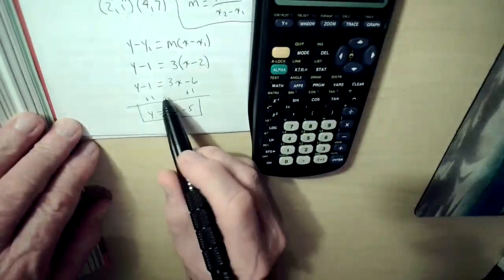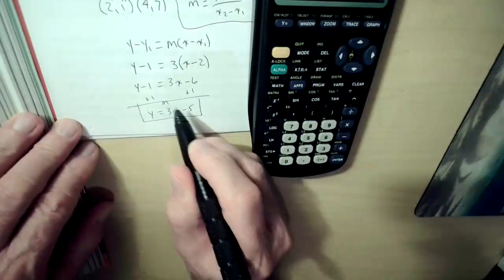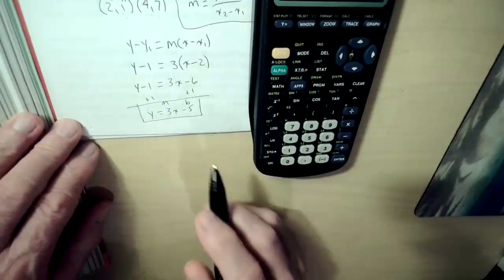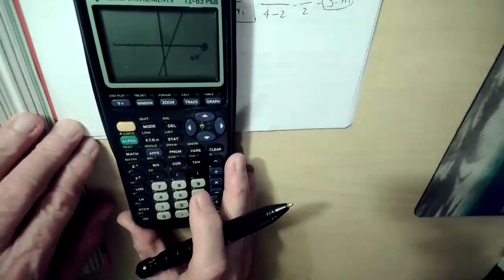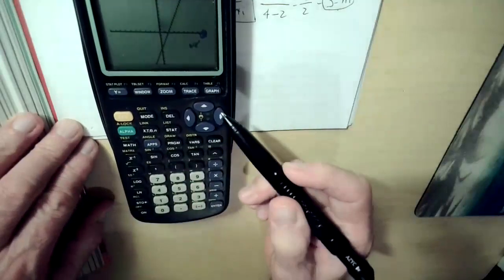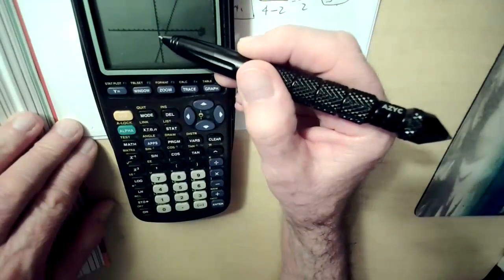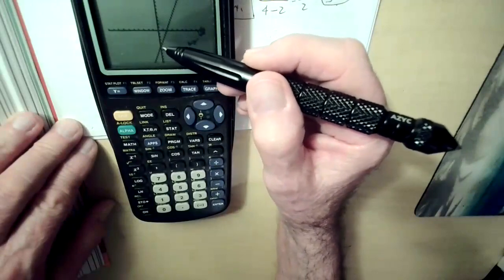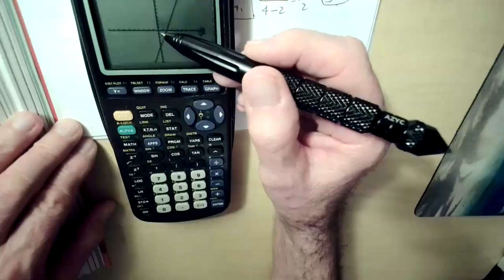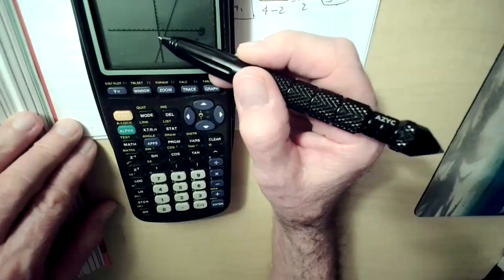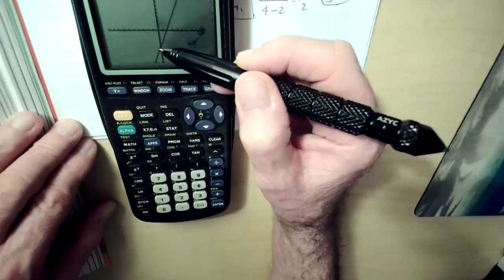Now where's it going to cross the y-axis? -5, right? This is our slope. This is our y-intercept. So it's going to cross the y-axis at -5. Did it? Yes. Here's our line. Each one of these tick marks generally is 1.